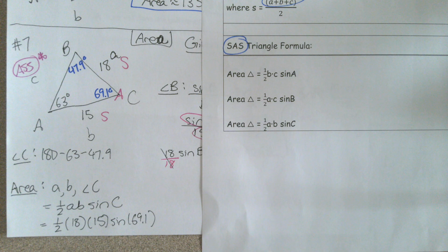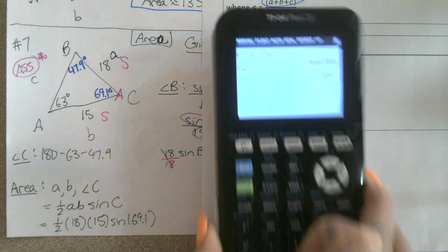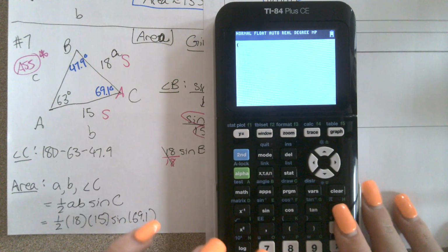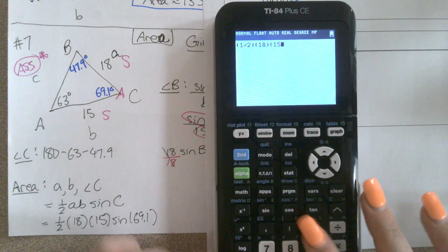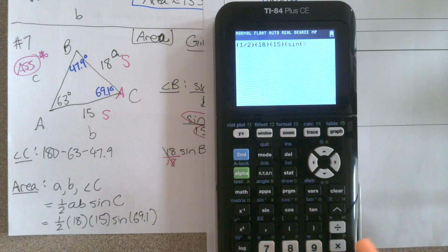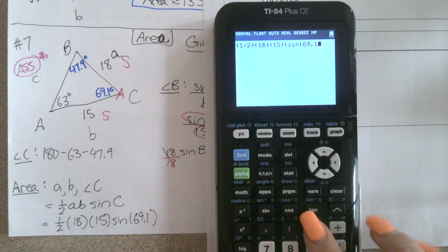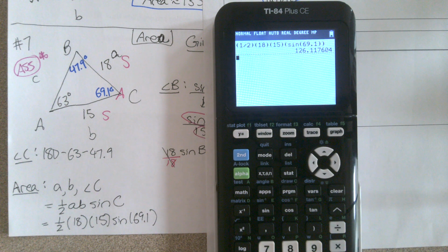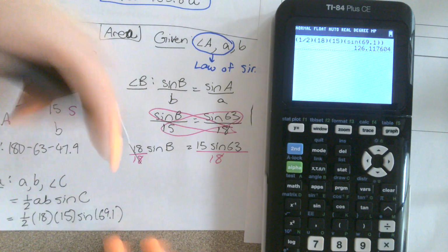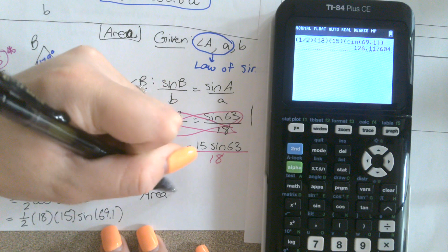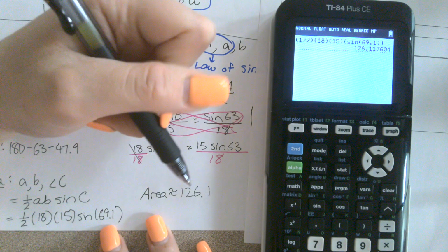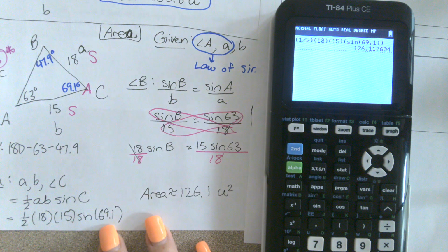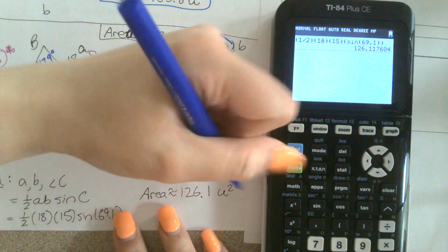Plug that in and we will get our final answer. 1/2, 18, 15, sine of 69.1. And we end up with 126.1 units squared for our area.